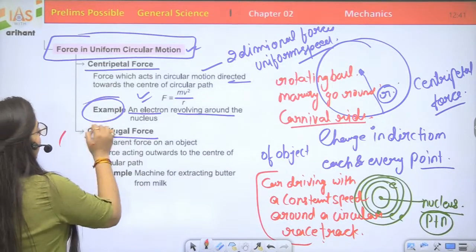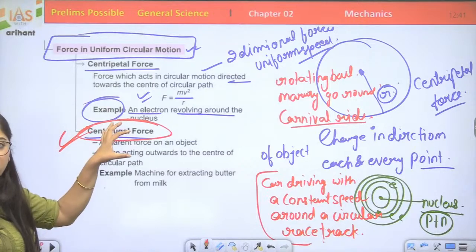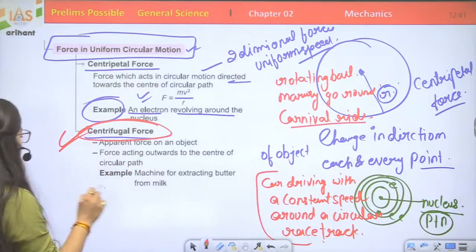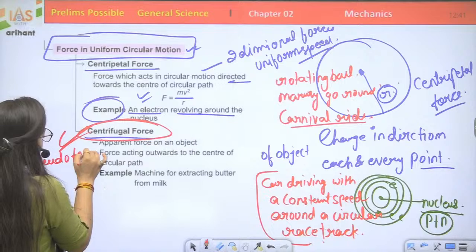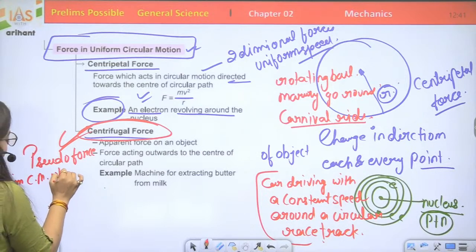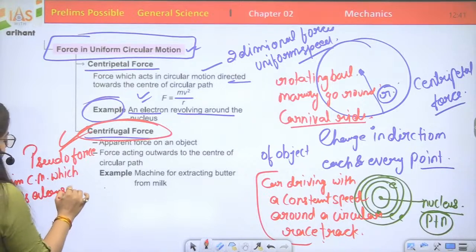Clear? Now, centrifugal force. Centrifugal force is a pseudo force in circular motion which acts along the radius.